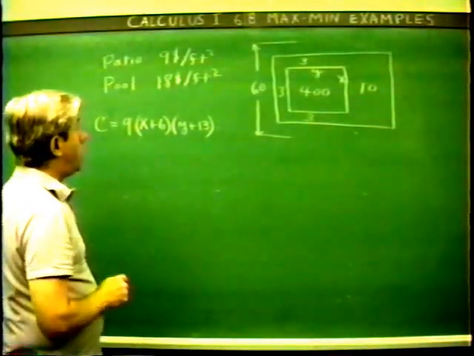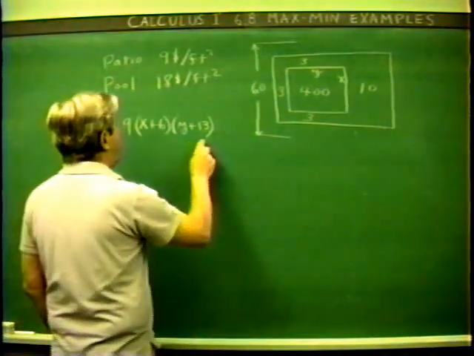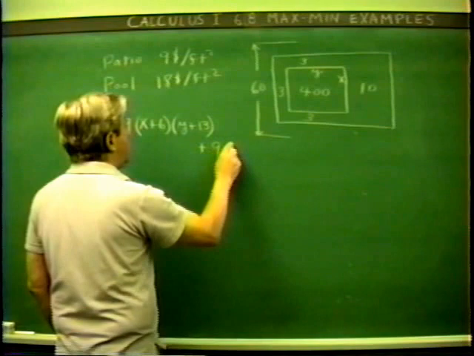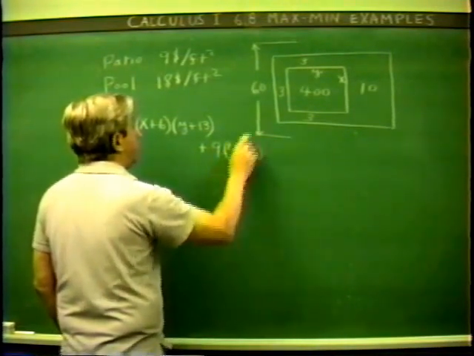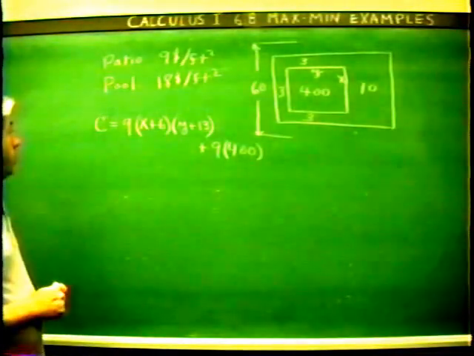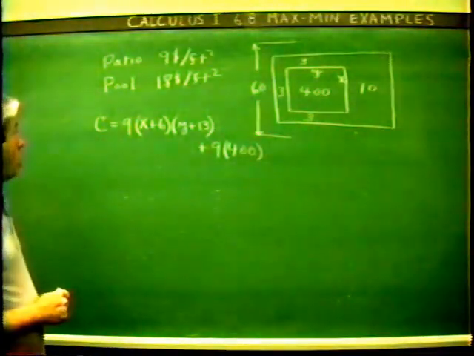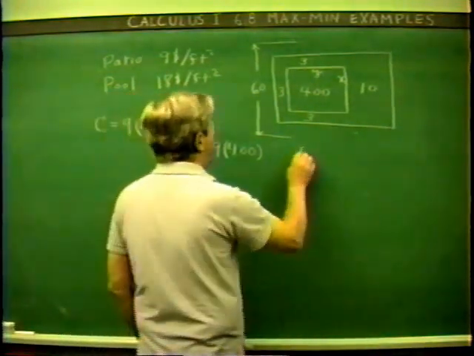So this times $9, and then another $9 times 400 for the extra cost of putting the pool in. The pool costs $9 more than the patio. So this is the total cost.